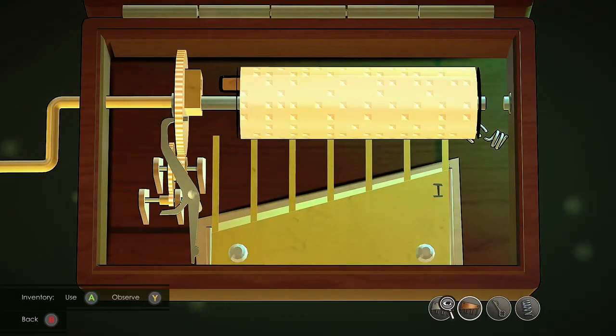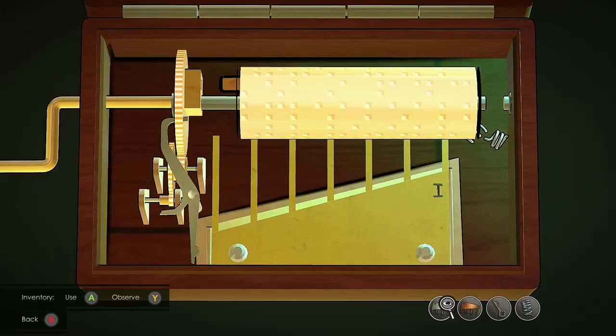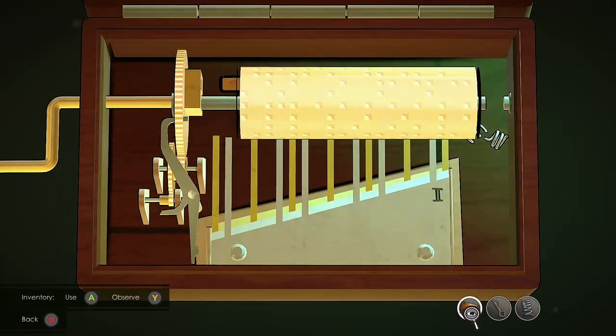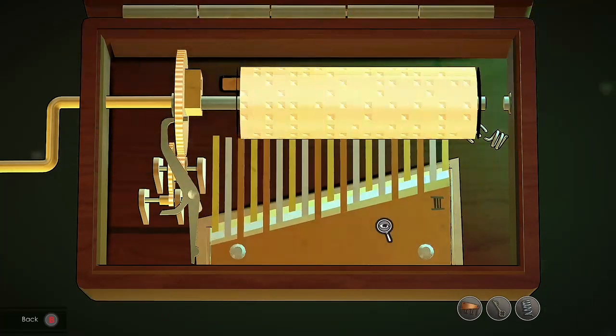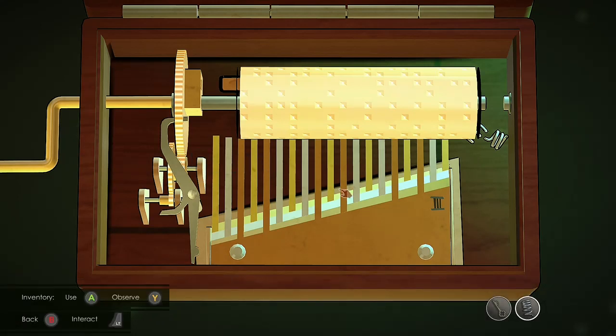One. What's this one? That's a three. Two. There we go. This part appears to be working. Oh, and I need that.